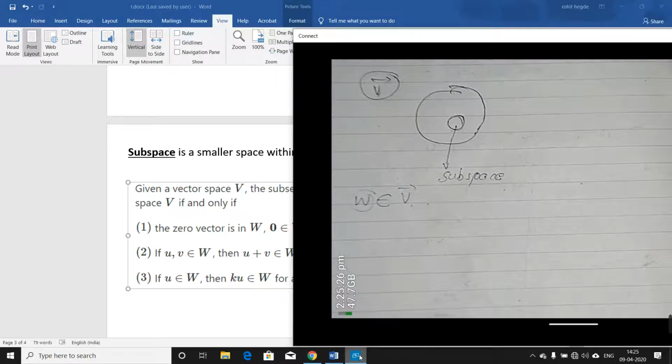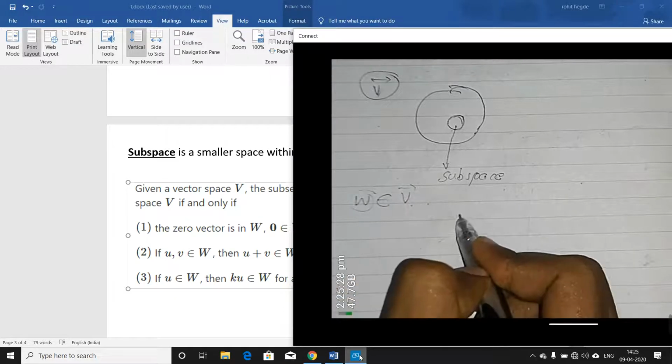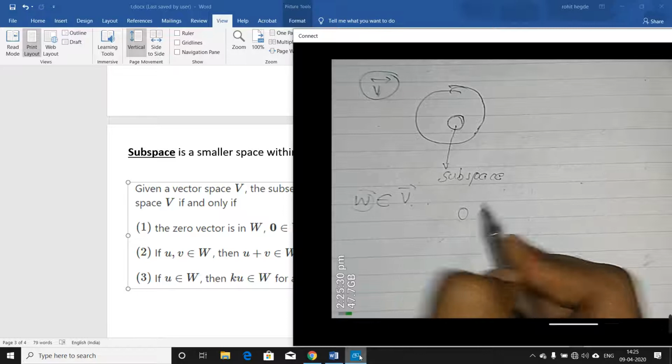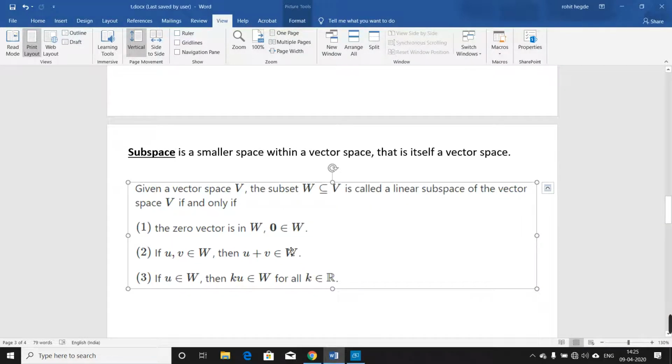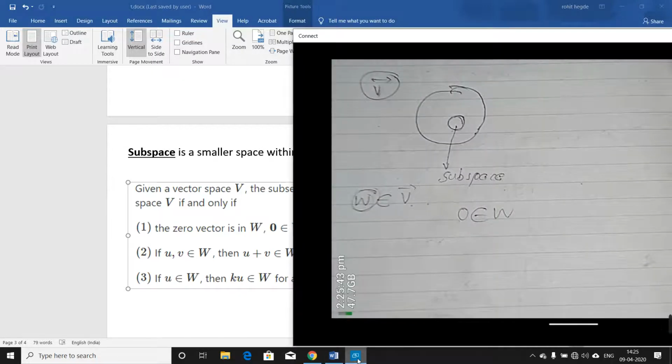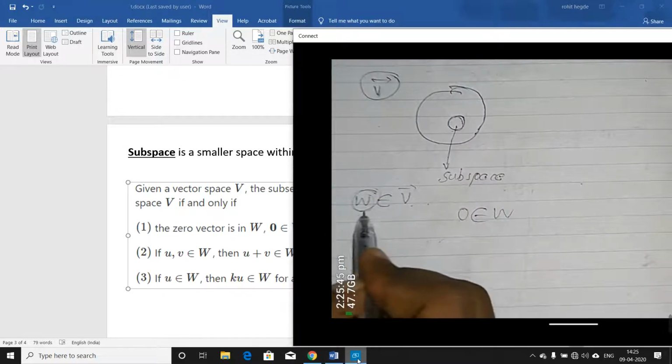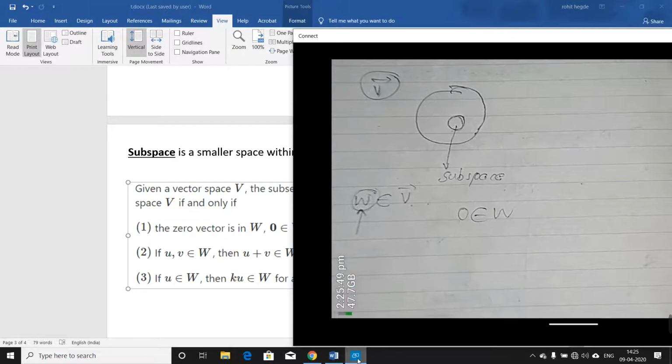three conditions. First, the zero vector should be in this subspace. That means the zero vector belongs to W. And if we take any two vectors, this W, the subspace, is a collection of some vectors.